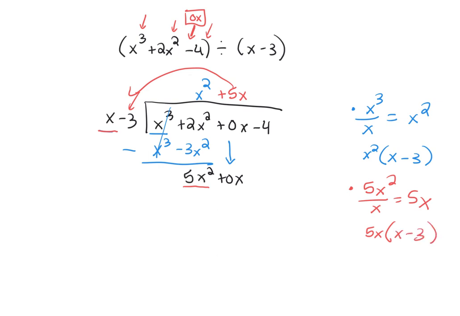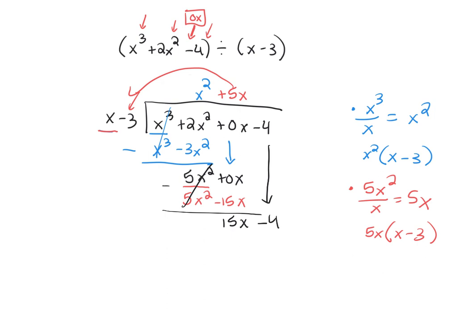So that becomes 5x squared minus 15x. And now subtract. So these terms cancel. 0 minus negative 15, so that's 15x. And bring down minus 4.